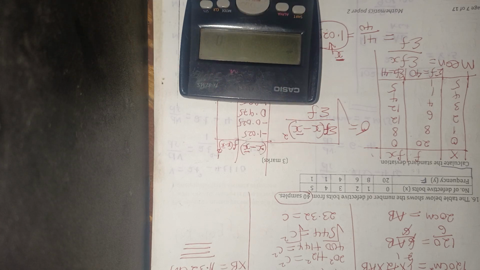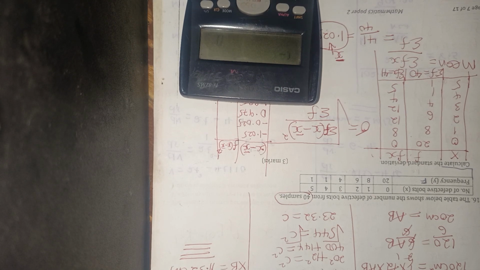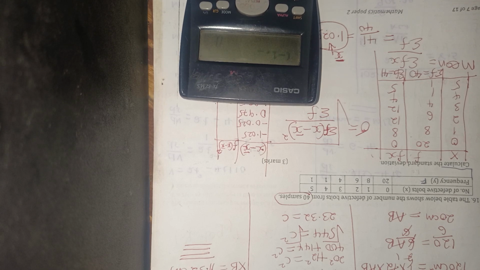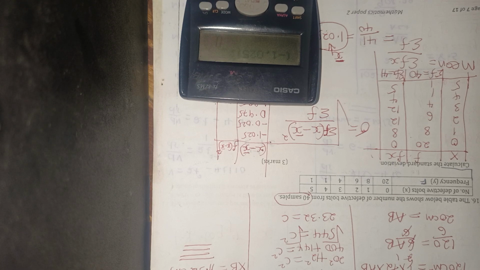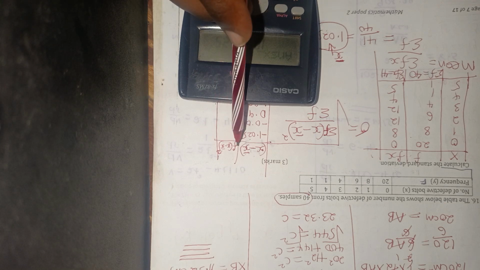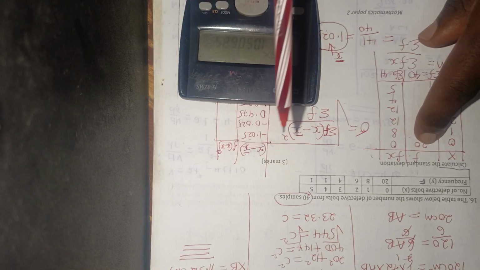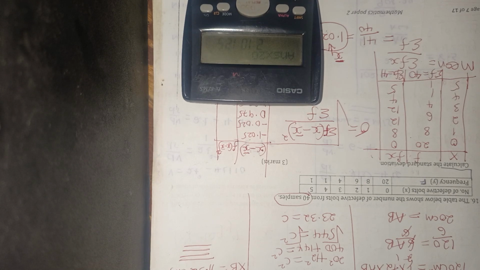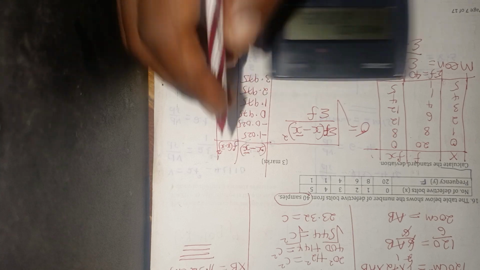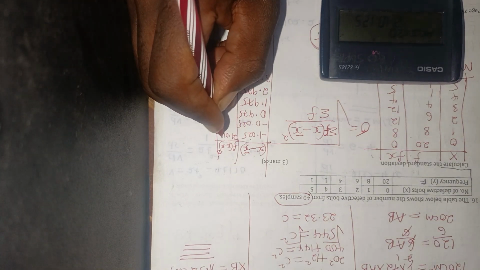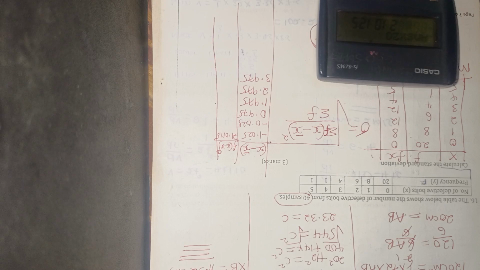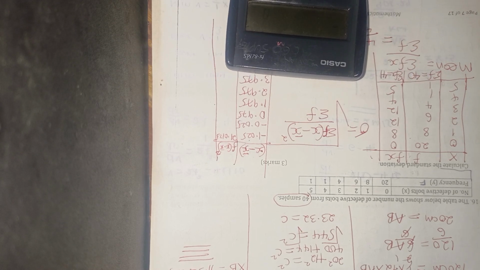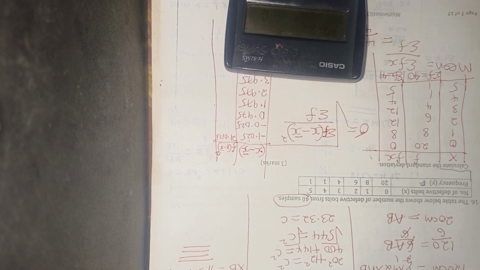So you say open brackets, negative 1.025 squared. Then you multiply by the frequency, and the frequency for the first part is 20. So you say times 20. It gives you 21.0125.